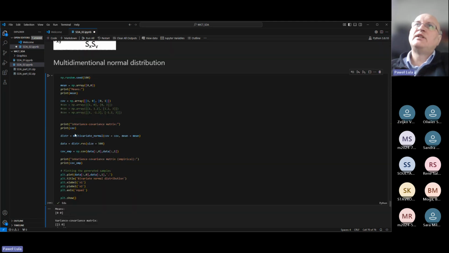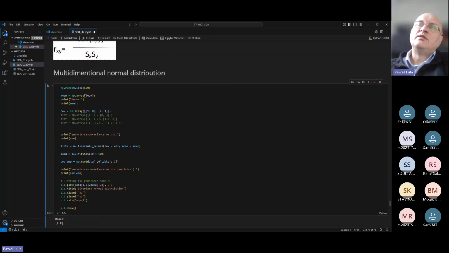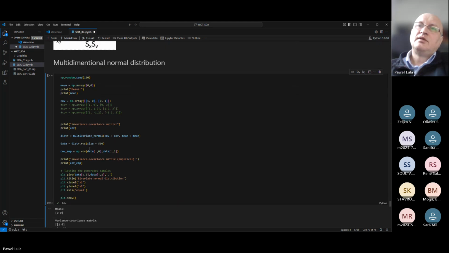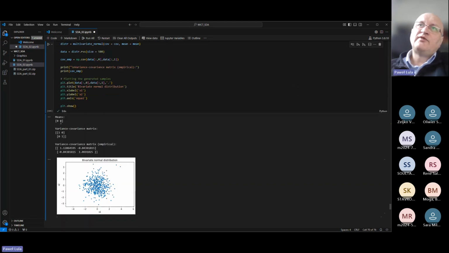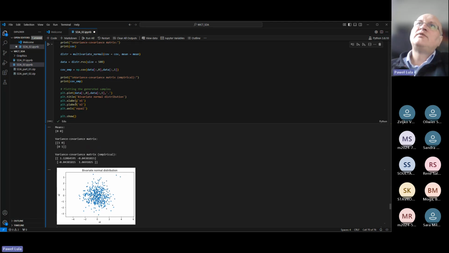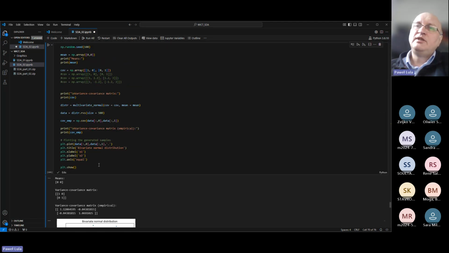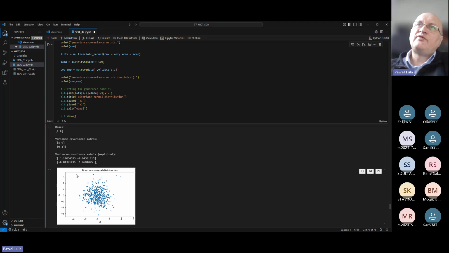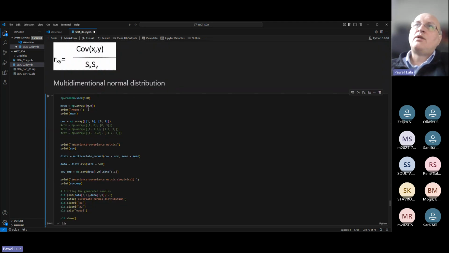The first parameter is the mean parameter, for the first and for the second variable. The first value is the mean value for X, the second for the Y variable. Now I have 0 and 0. I can change it to 5 and 7.